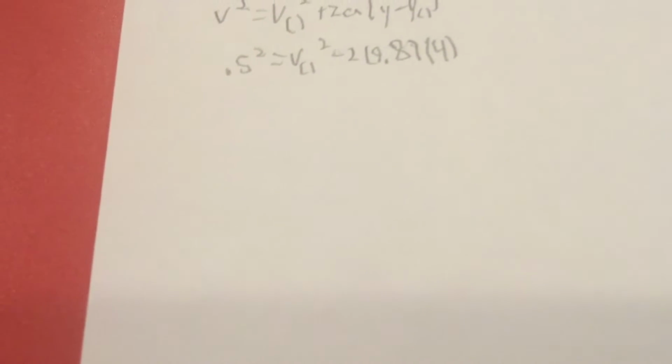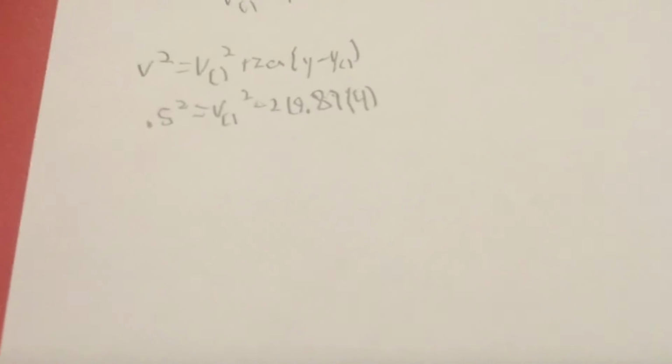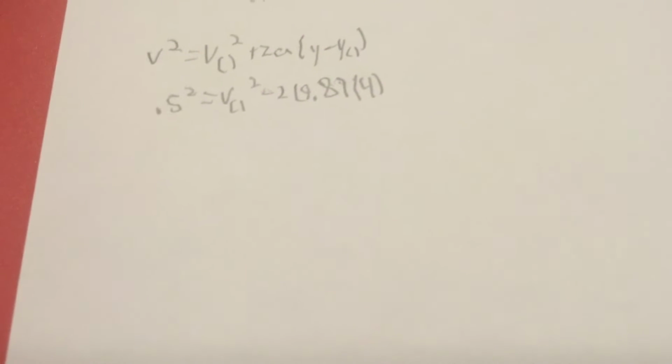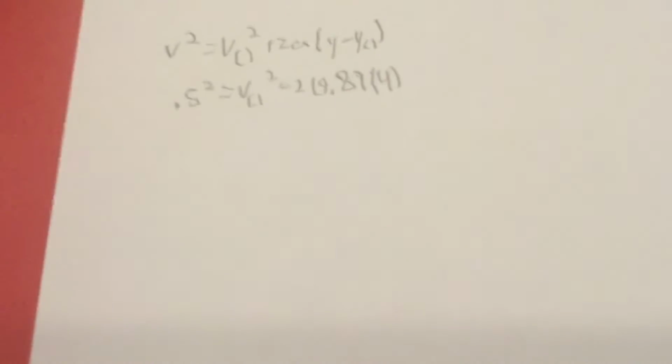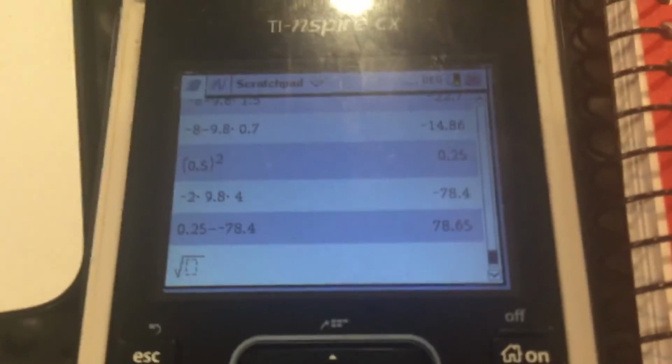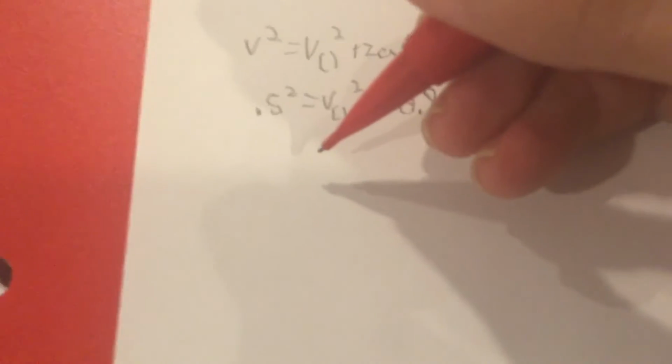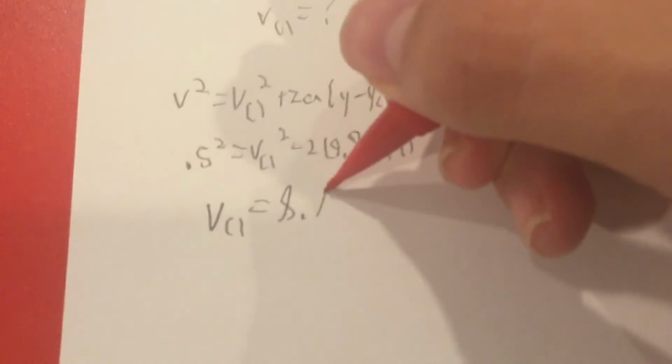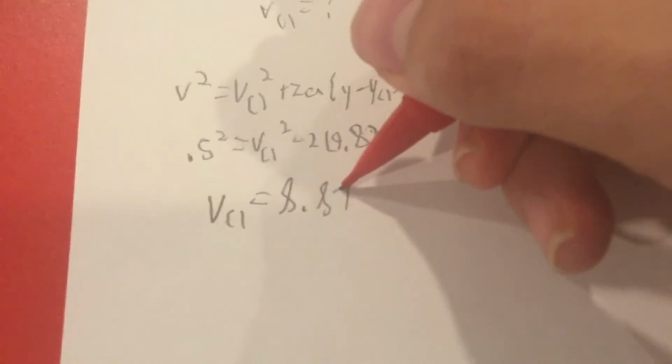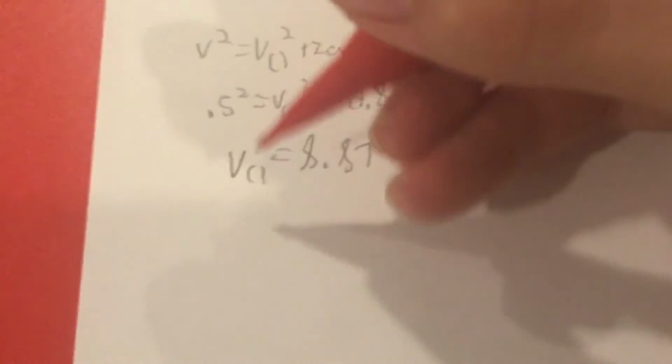Then I have to do the square root. So v naught is equal to 8.87 roughly.